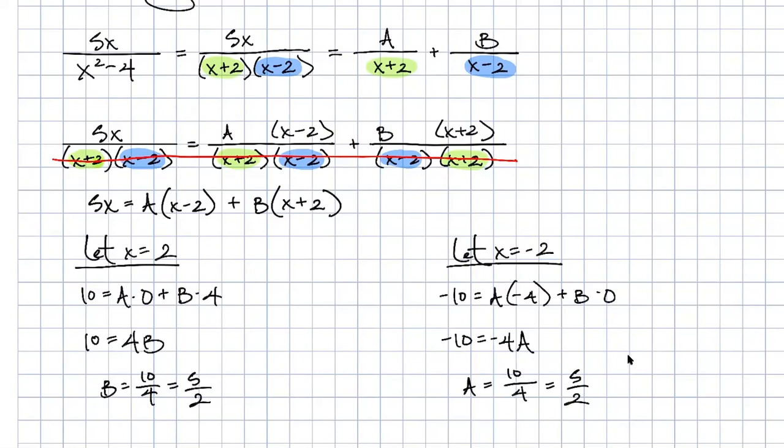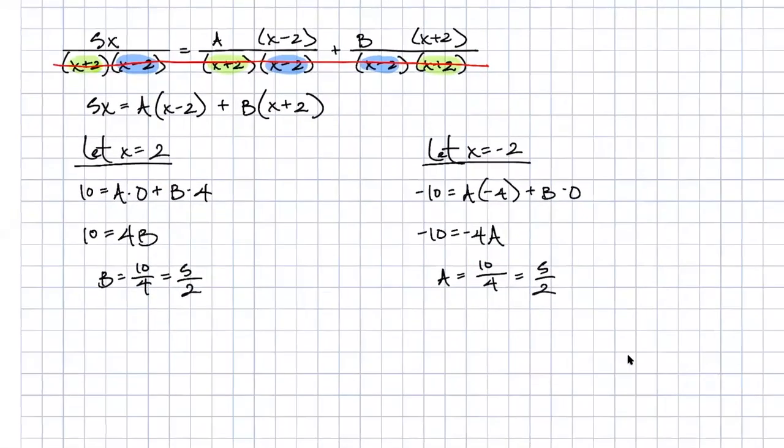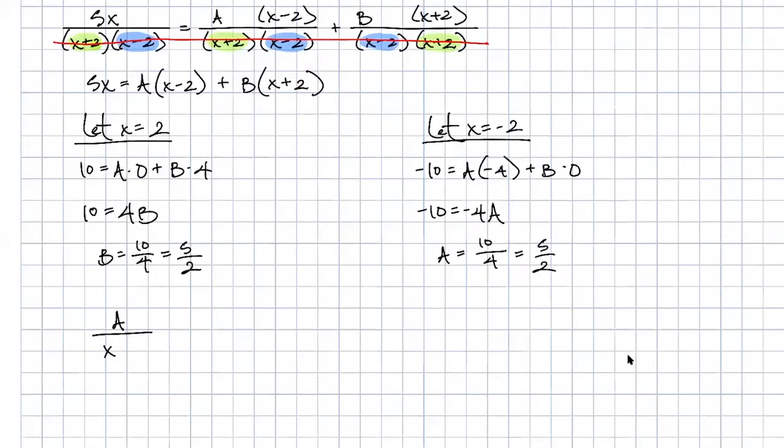So when you put that back into your answer, our setup was a over x plus 2 plus b over x minus 2. So when we plug our a and our b in, one way you could write it is 5 halves over x plus 2 plus 5 halves over x minus 2.